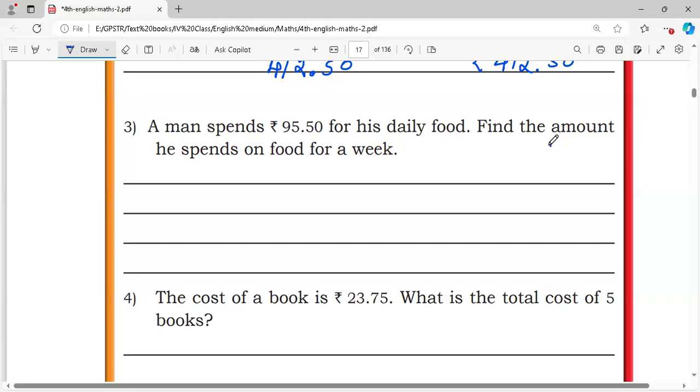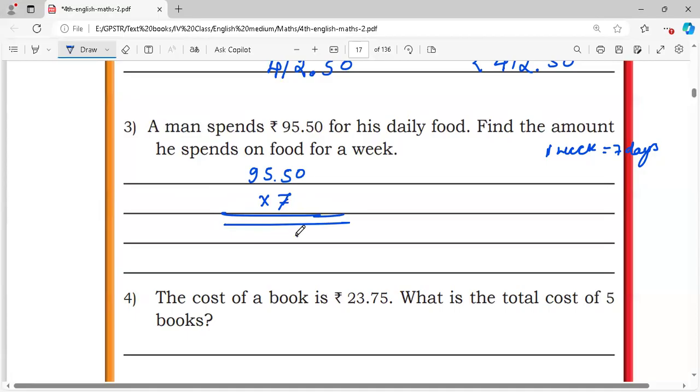We know that 1 week contains 7 days. 1 week is equal to 7 days. 95 rupees 50 paise for 1 day. They are asking for 7 days. Just multiply by 7.